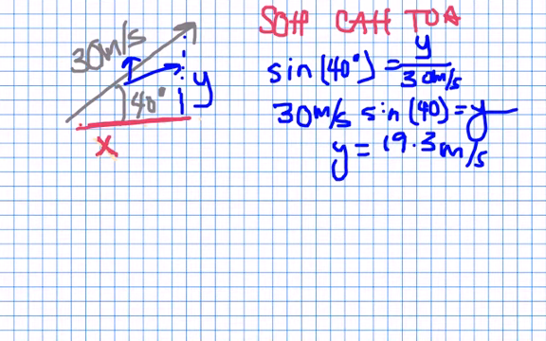And then if we do our x, we'll notice that it's the adjacent and the hypotenuse that we know. Although I suppose you could use tangent because now you know y. It depends what you know. Oops, I was going to skip a step.